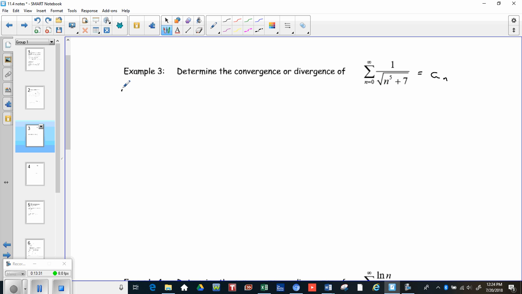So if I let b sub n equal the sum of 1 over n to the 5 halves power, this, I happen to know, is a p series where p equals 5 halves. And since p is greater than 1, this one, b sub n, is convergent.